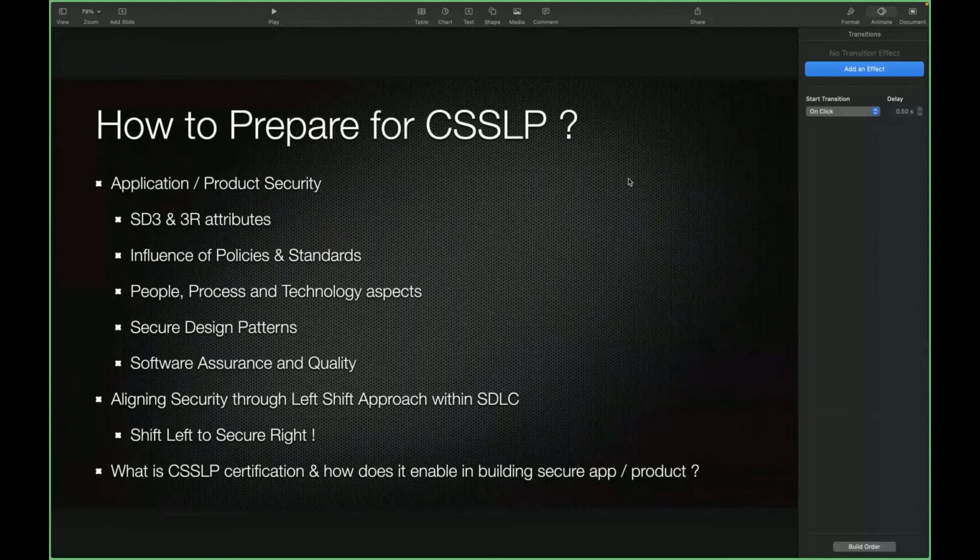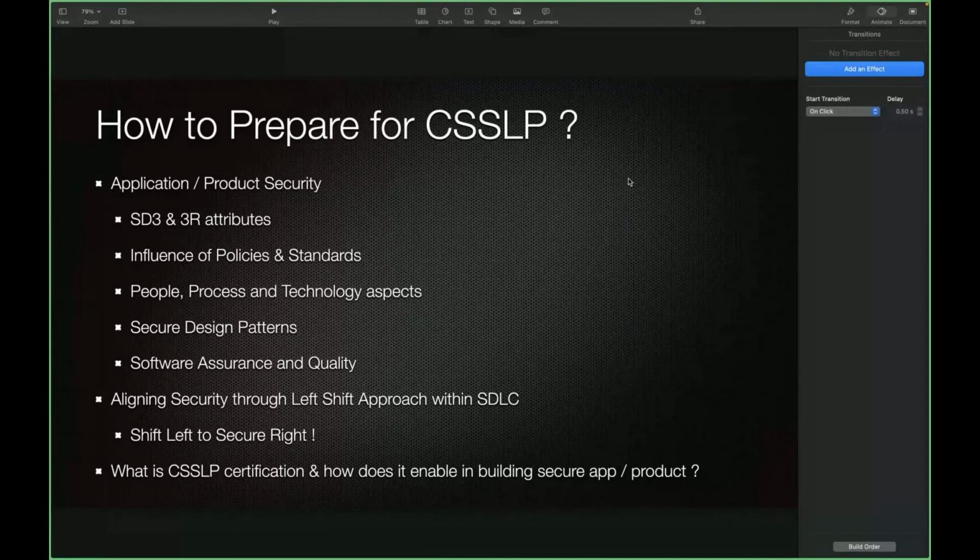And speaking about the last tenet of information security, the technology aspect, right? The technology aspect is something which is very critical from a secure software development perspective. It comprises all the controls that we can select and apply to our product or to our application, so that we attain the foundational security concepts of confidentiality, integrity, and availability.